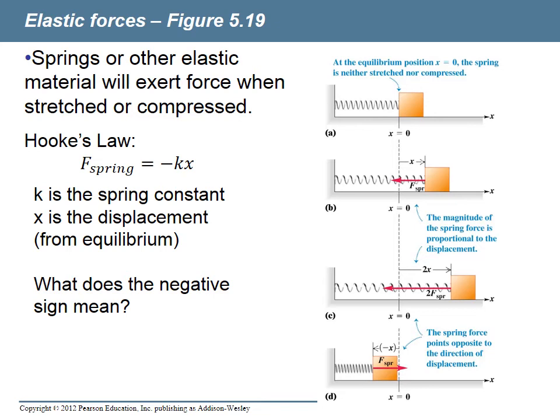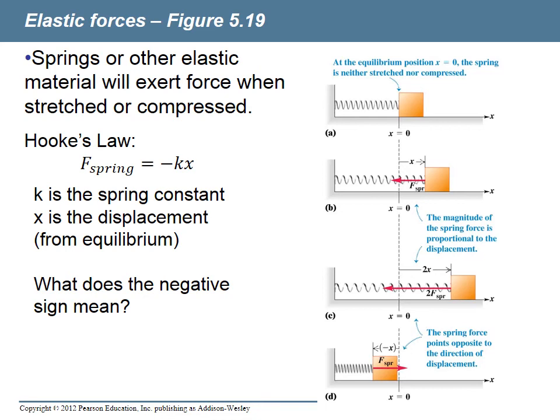So it has a tendency to go back to the position it was in. And same thing if I take an elastic band, a rubber band. If I stretch out a rubber band, then I let go, it contracts back to the shape it was in before, right? So that's any sort of elastic material that wants to go back to the state it was in before and wants to go back to equilibrium.